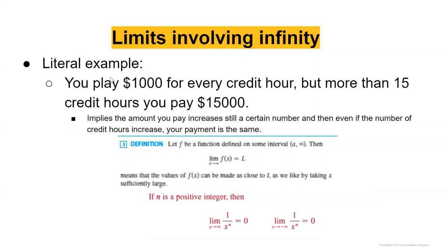If I'm taking 21 credit hours, I'm still paying $15,000. So initially, the price was rising, but when the credit hours rise indefinitely, beyond 15, the price remains the same. In that case, limit when x tends to infinity, price of your tuition fee tends to $15,000.